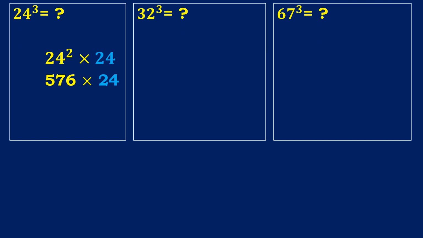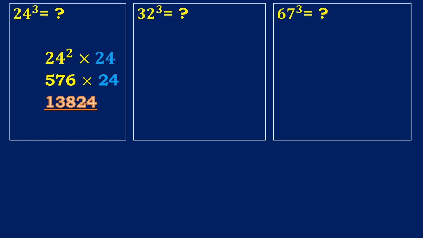As we have covered in Speed Maths 1, the product of the 3-digit number and a 2-digit number, 576 into 24 is 13,824. Then the answer for 24 cube is 13,824.